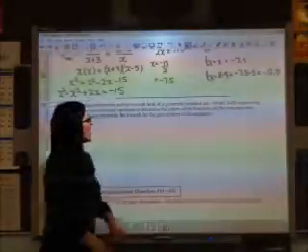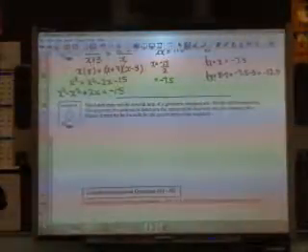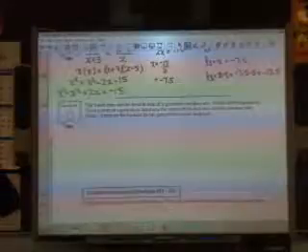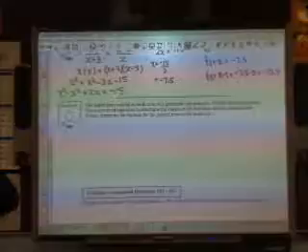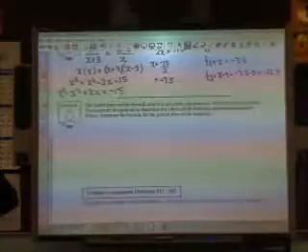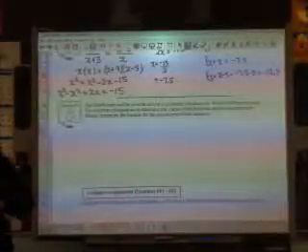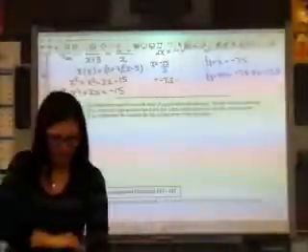The fourth term and the seventh term of a geometric sequence are negative 54 and 1,458 respectively. Use a system of equations to determine values for the first term and the common ratio and then determine the general formula.